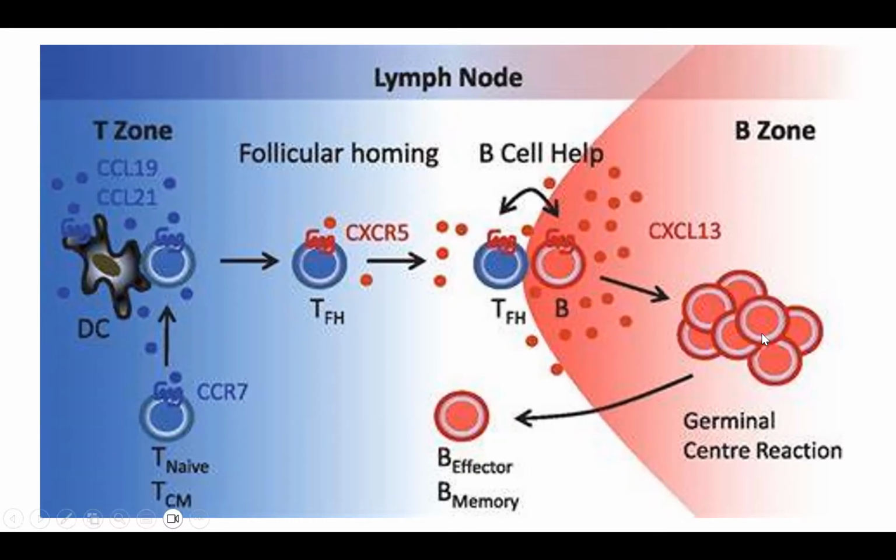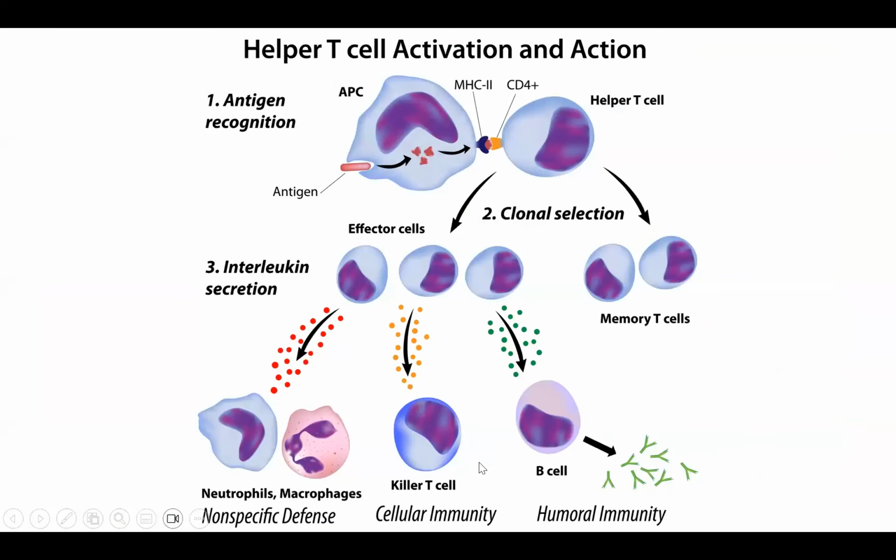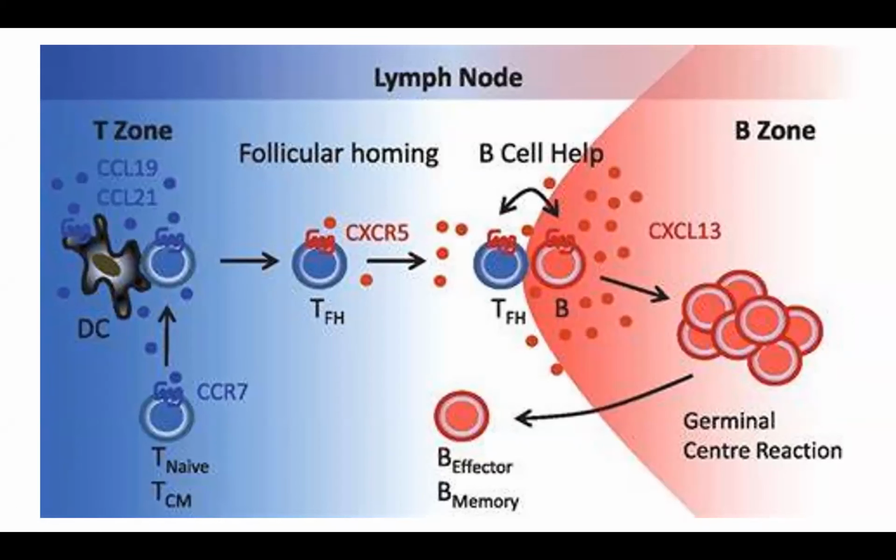There's going to be an activation and production of B cells. And that will create what are called B effector cells and B memory cells. And we'll go into a little bit more detail on that in some following slides. But keep in mind that there's this process in the T cell and the B cell.